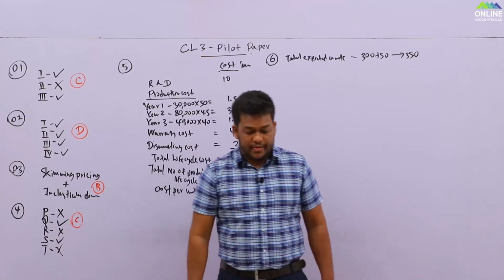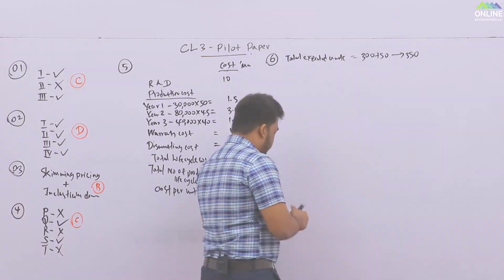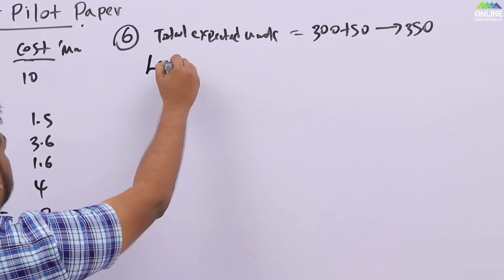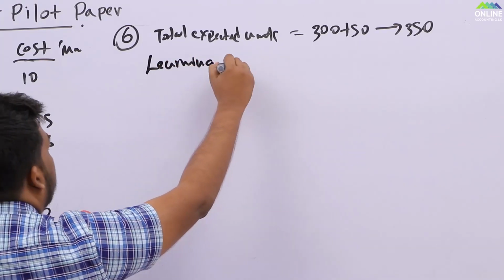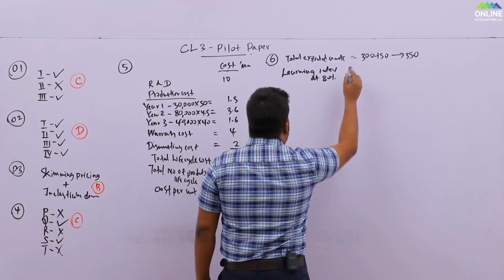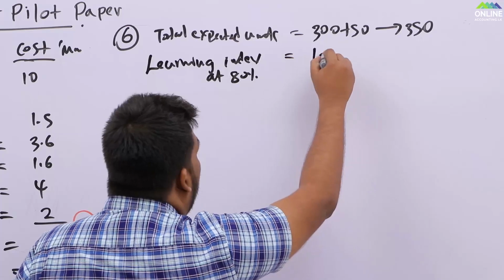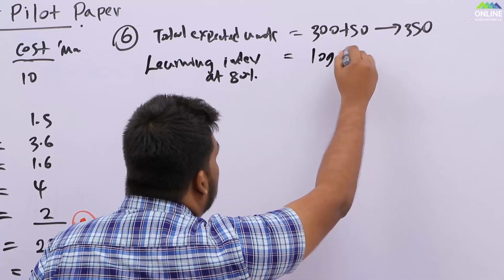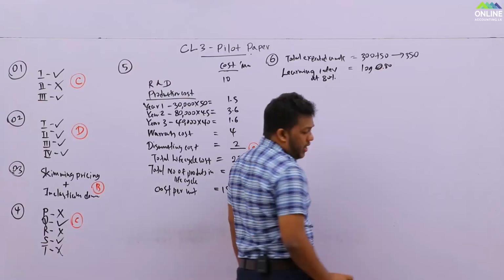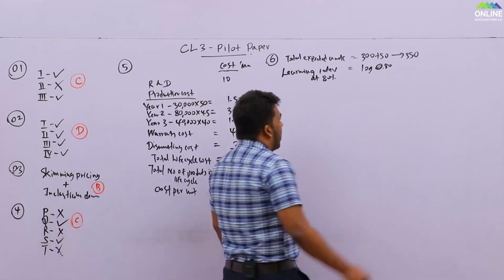350, right? And they have given you a learning index. So you know how to calculate the learning effect, learning index at 80%. How to calculate that? Log 0.80, because this is 80, divided by log 2.